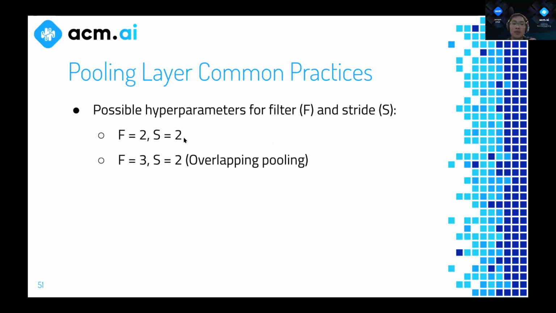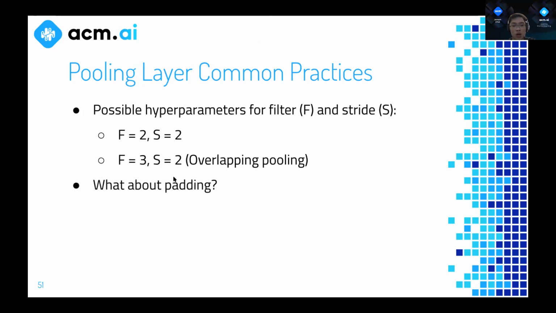If we choose a filter size of 2 and a stride of 2, then we'll end up with disjoint subsections or partitions of our feature map, which is similar to what we saw just now. But if we choose a filter size of 3 and a stride of 2, then if you think about this visually, this would lead to some overlapping when we're doing pooling. This can have some interesting interplay.